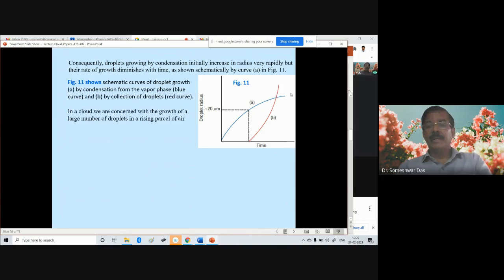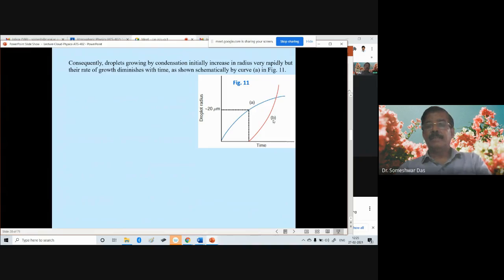The red curve indicates the growth because of the collision of the cloud droplets within the cloud, and this is much more rapid. As you can see, the red curve shows that the growth is much faster compared to the blue curve.